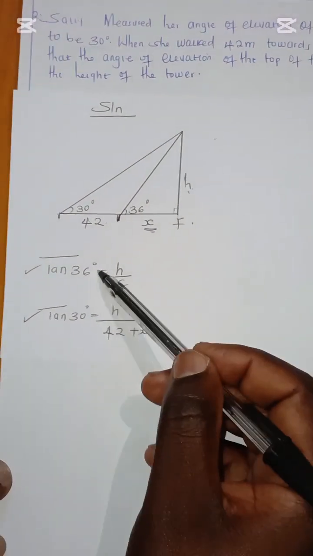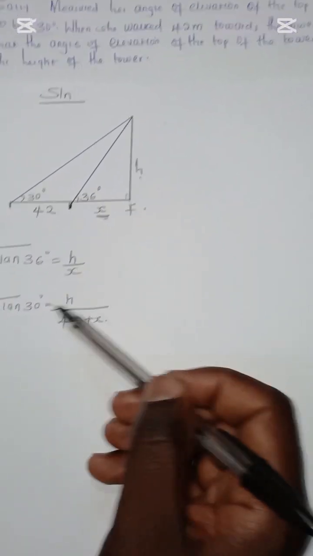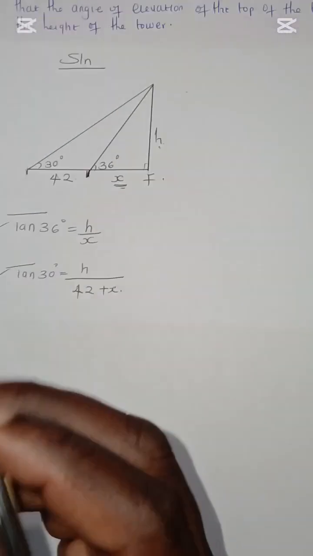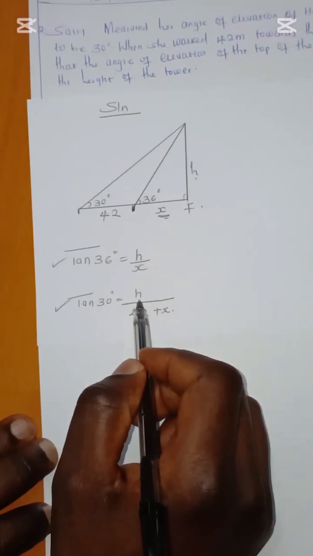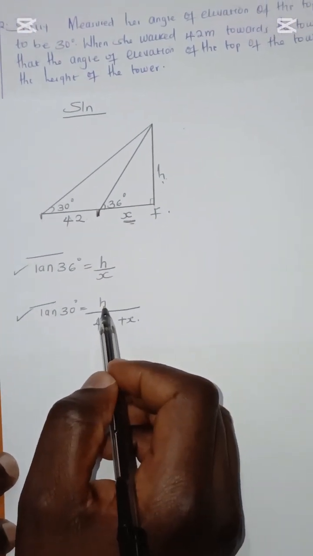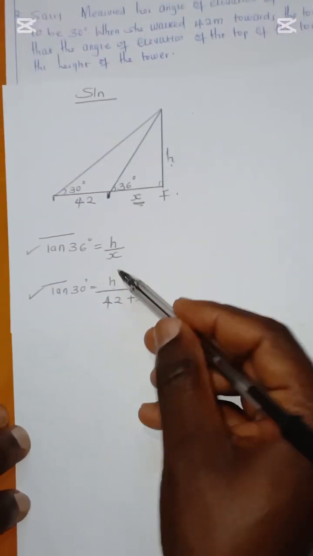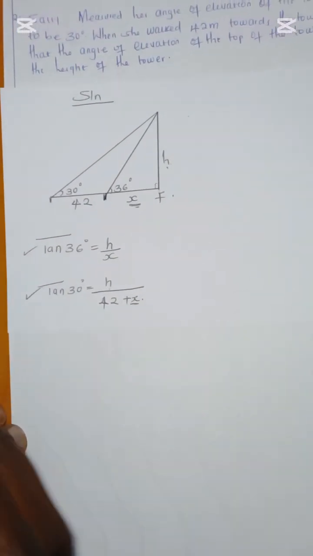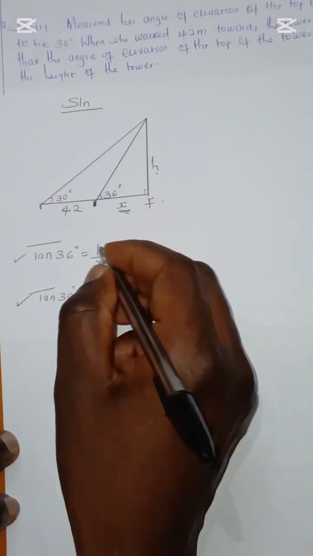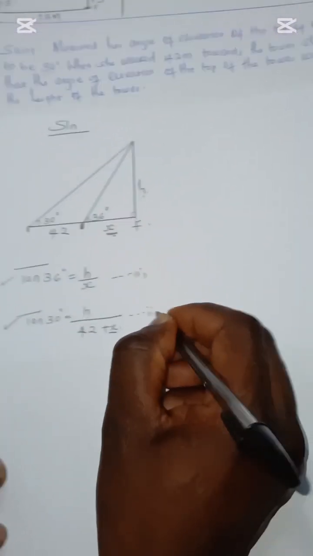Again, these are two ratios that are giving us the height. So what do you need to do? Make height the subject of the formula, or express this height in both of the equations, then equate them to give you the value of x. Let me call this one equation 1 and this one equation 2.